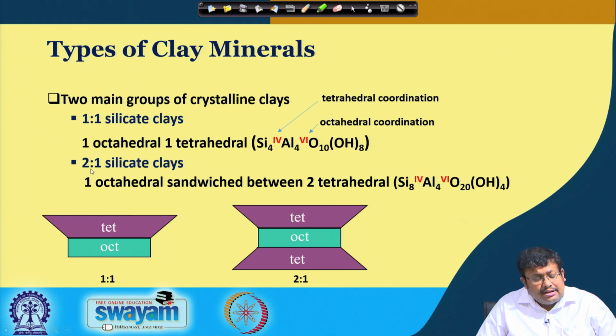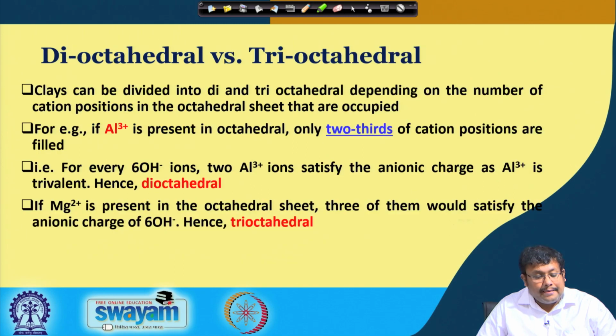And the 2:1 type of clay, where one octahedral sheet is sandwiched between two tetrahedral sheets, will get a formula like this, where silica shows the tetrahedral coordination and aluminum shows the octahedral coordination. And this is a shorthand representation of the 1:1 and 2:1 type of mineral.